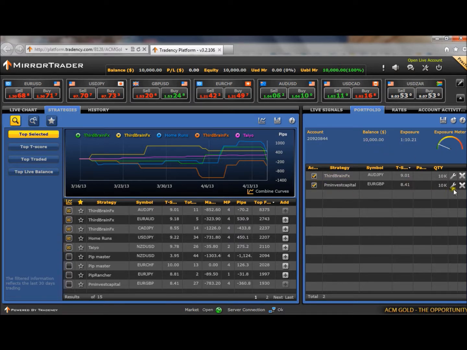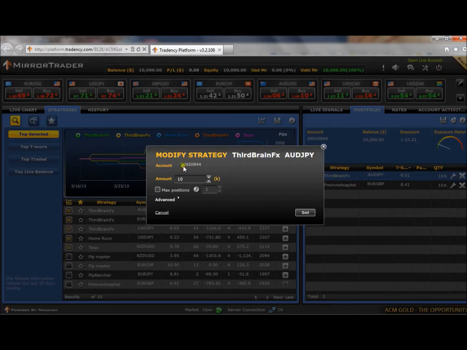What you want to do is you'll see there's a range next to each of these traders' names. If you click on the range, you can actually increase the amount that's being traded. This will differ from account size to account size, but your exposure meter will show you how risky or how low your risk is.